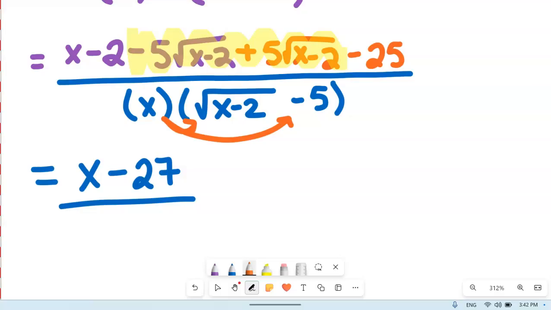So I'm going to multiply it through to see if maybe I can cancel anything that way. So I'm going to have x times x minus 2 and x times negative 5. And I still can't simplify anything, so then that's my final solution.